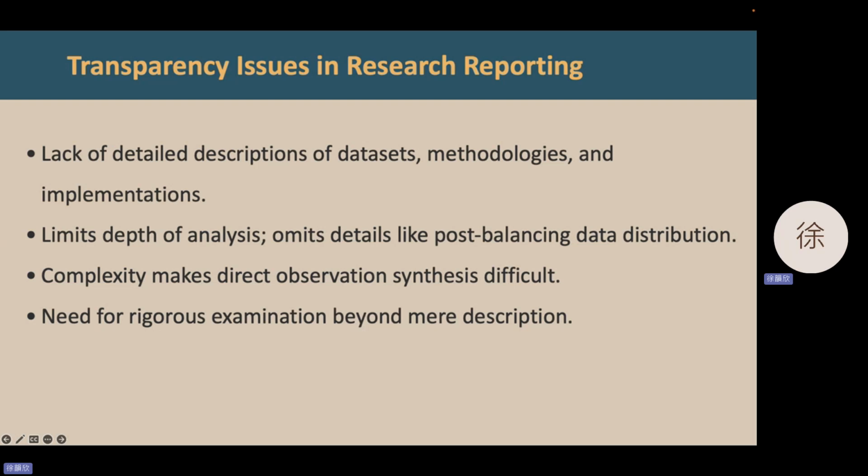For example, sampling ratios frequently omit details like post-balancing data distribution. As such, more intensive investigative approaches are needed that delve beyond mere describing to achieve a more comprehensive analysis.